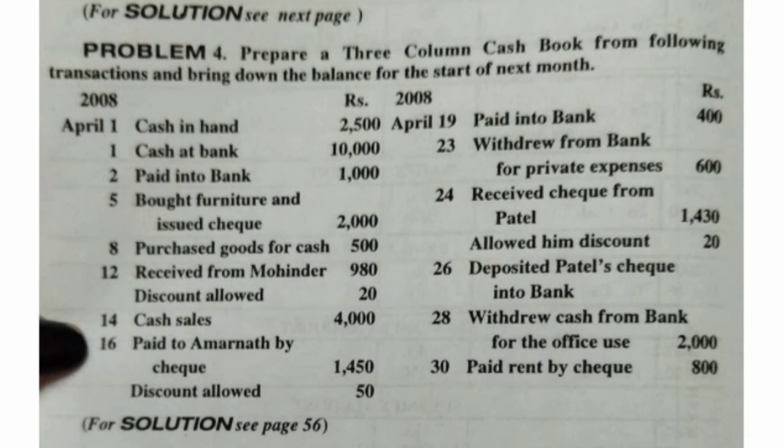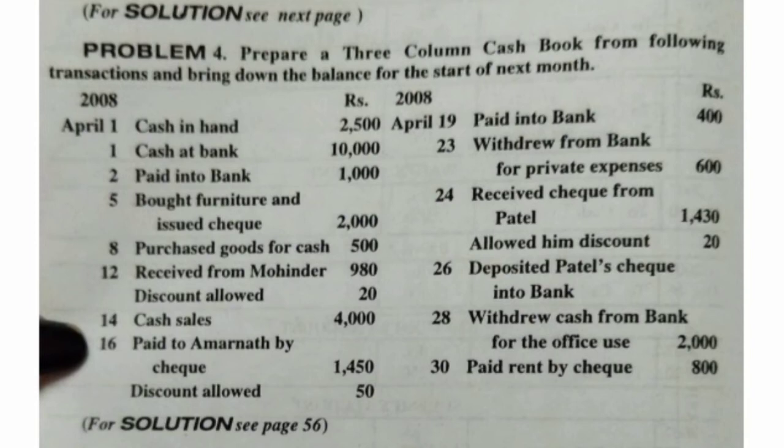And on the 26th April, the entry would be, we have deposited the check into the bank. So on this day, the entry would be bank account debit to cash account. See, in the previous entry cash is getting debited, and in the next entry, that is on 26th, if you write the entries only, you will understand now.